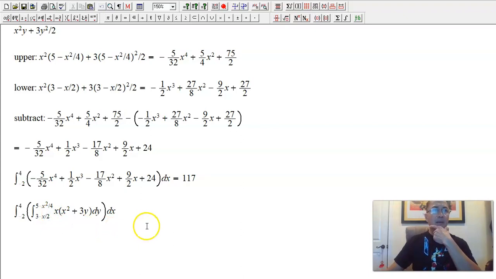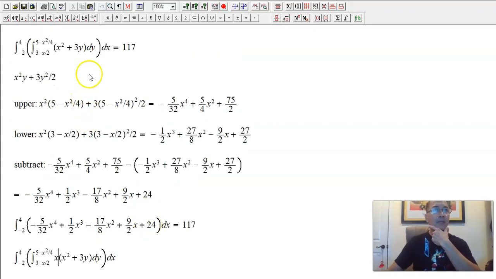Now, let's think about what we did. We integrated this with respect to y. If we have an extra factor of x, though, that's a constant with respect to y. So what does that mean?